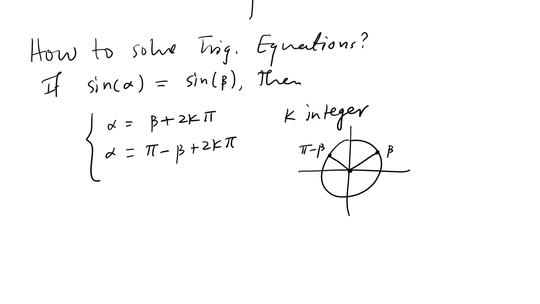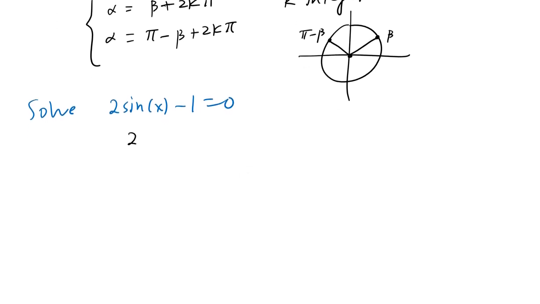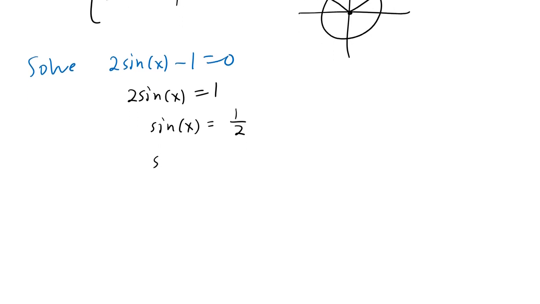And we may look at an example now. Let's say we are asked to solve 2 sine x minus 1 equals 0. To do so, we can add 1 to both sides, divide by 2, and now ask what is the smallest positive angle whose sine is 1/2.